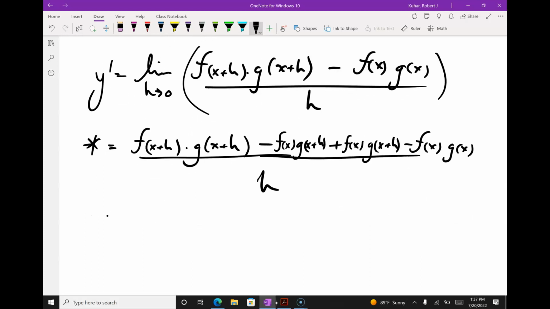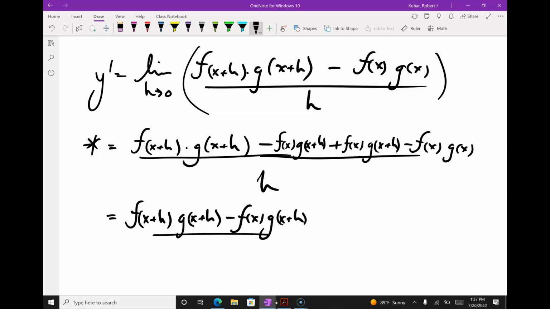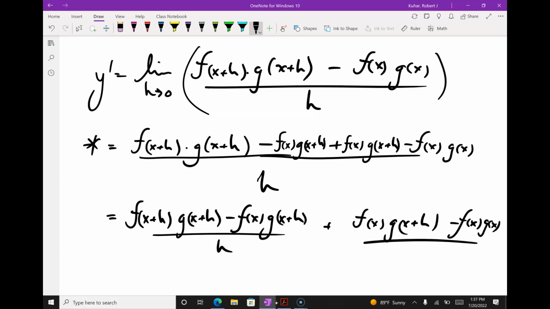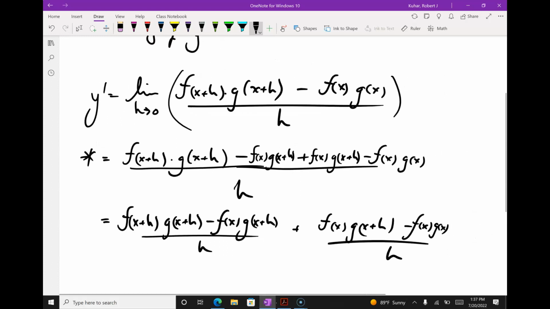And now I'm going to divide and conquer. So take the first two terms over h plus the second two terms over h. Divide and conquer.